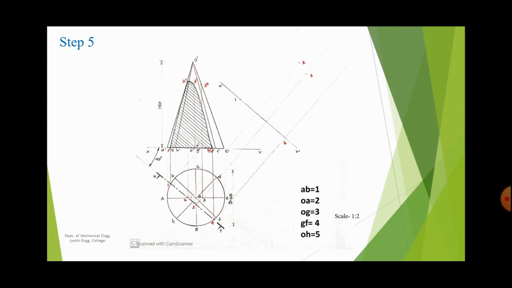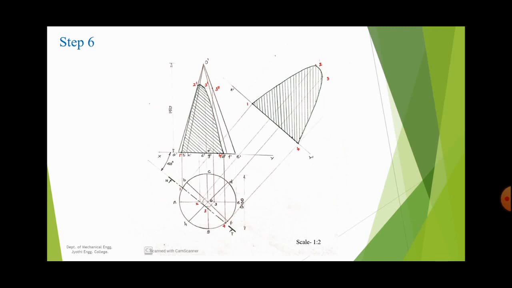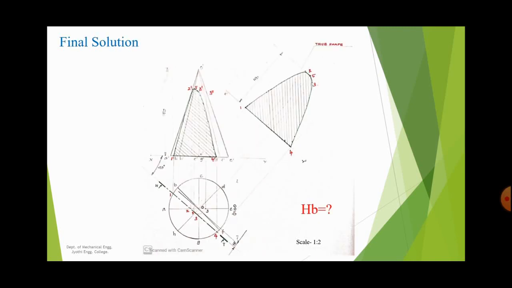Similarly 3 dash to the XY line, mark it along the projection line of 3, and 4 dash. Now you join all the points 1, 2, 3, 4, etc. You will get the true shape of the section.